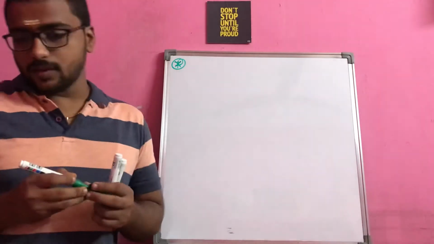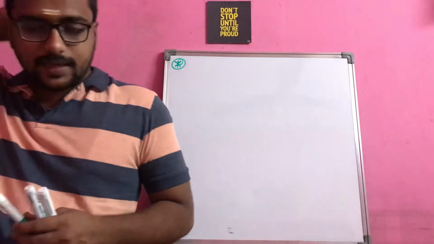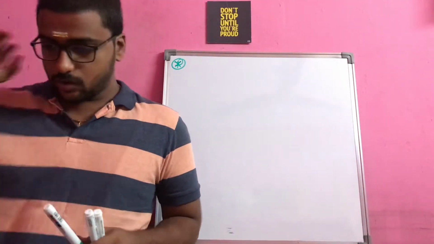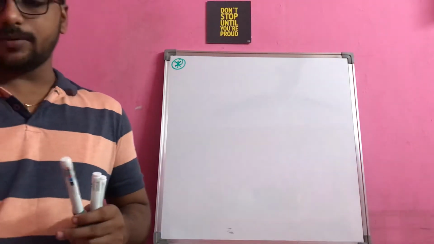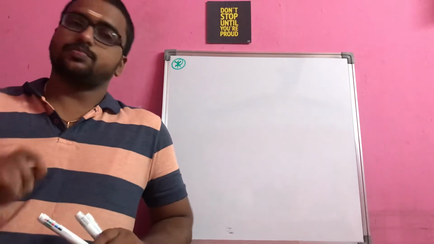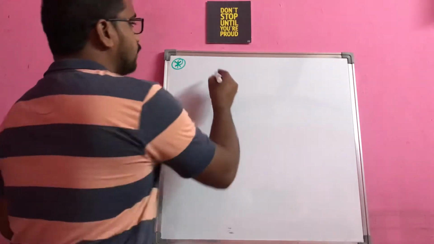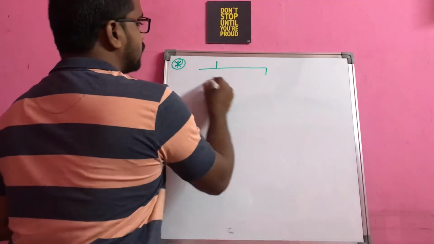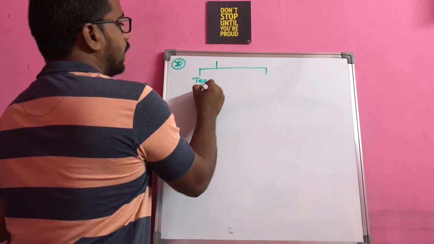See this question: on selling a tea set at 5% loss and a lemon set at 15% gain, a crockery seller gains 7 rupees. So here basically we have two items. One is a tea set and another is a lemon set.